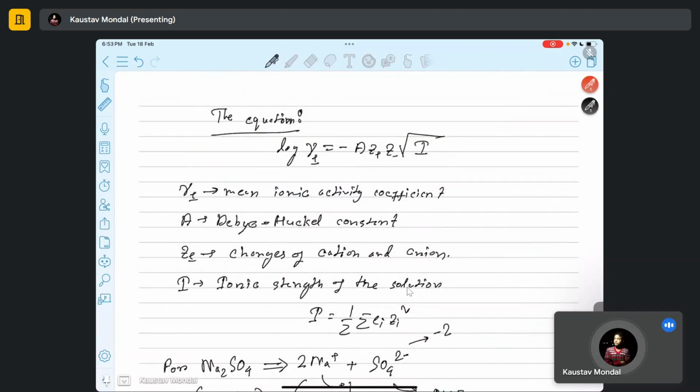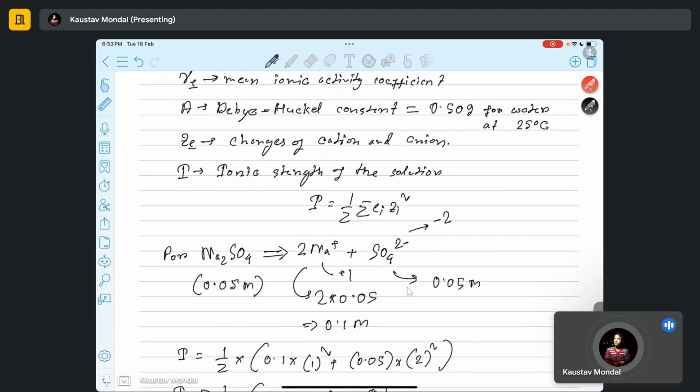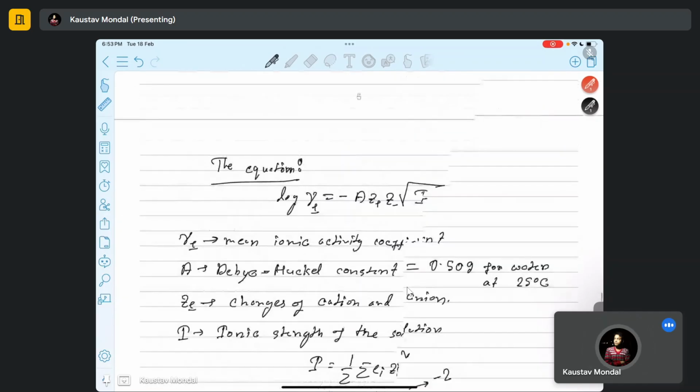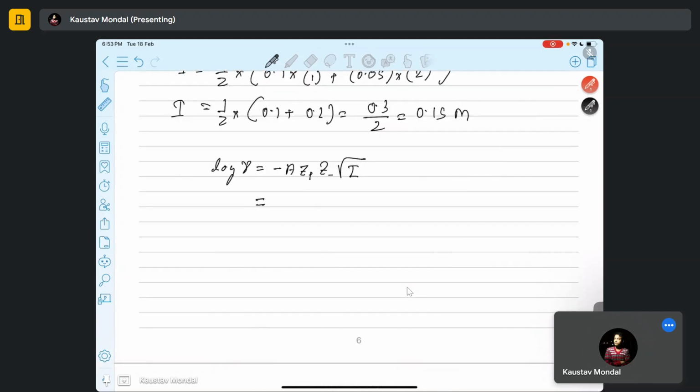It basically has a constant value that I forgot to mention here: 0.509. It's a constant value for water at 25 centigrade. In this system, all of the things that you have calculated are in aqueous solution, right? So we can safely use this constant value for our calculation.